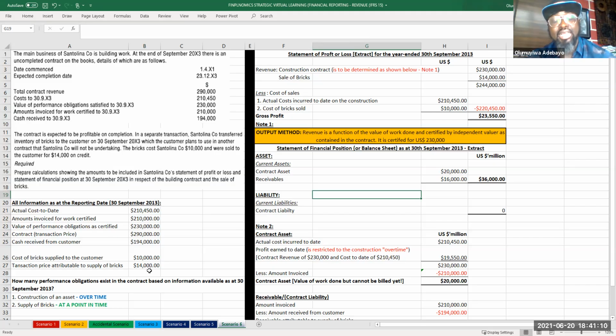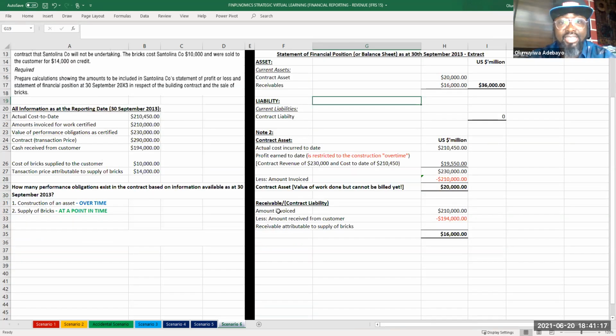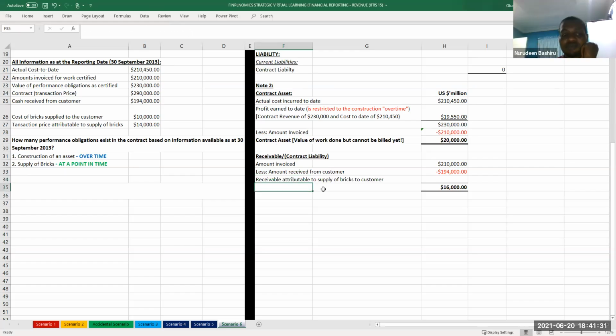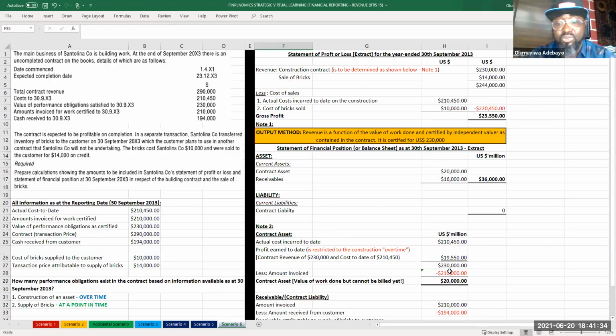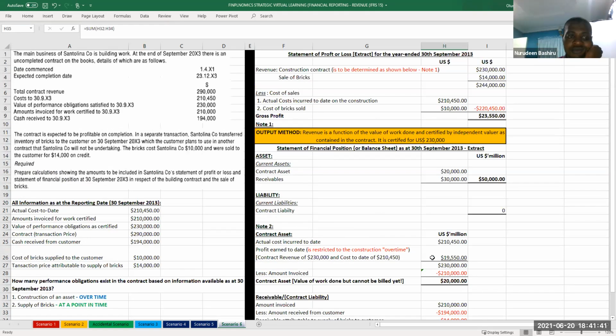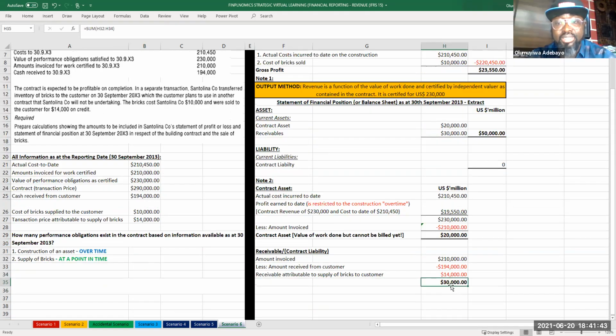This is peculiar because it is revenue that is recognized at a point in time, which means in addition, we will recognize receivable attributable to supply of bricks to the customer. Now, $14,000 is additional amount that the customer is owing us, which makes it 30,000, which means invariably the customer is owing me 30,000.